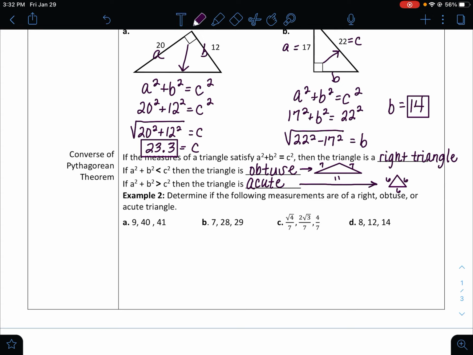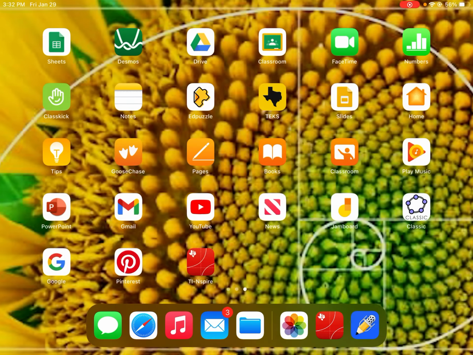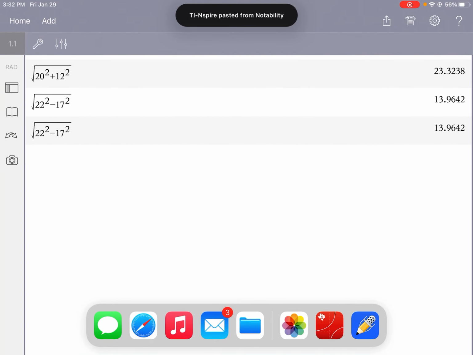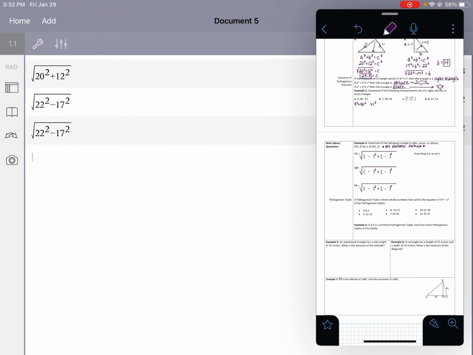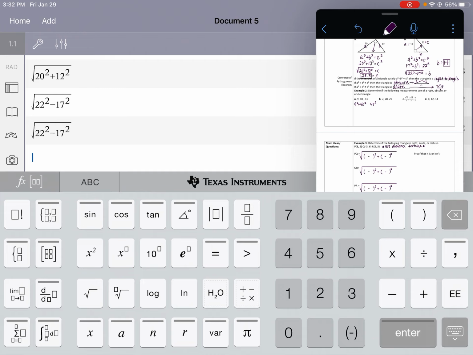Okay, so let's see about A. So we're going to do 9 squared plus 40 squared, and we're going to see how it compares to 41 squared. All right, so again, we have 9 squared plus 40 squared, and then we're going to have 41 squared.